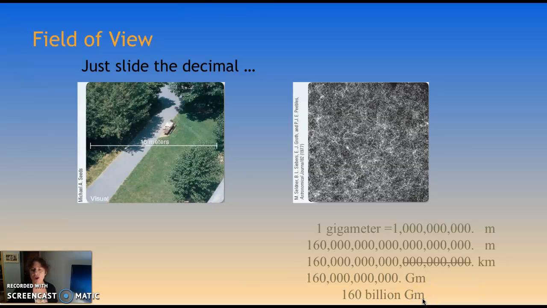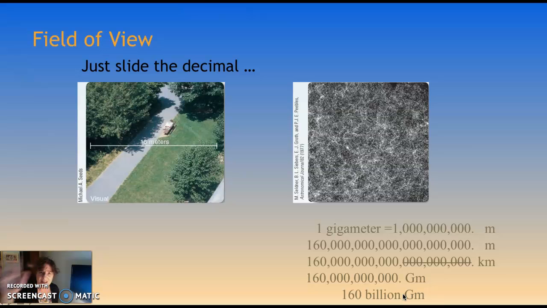But you know what? You know about gigameters, and you know about gigabytes, right? And a gigabyte is 1 billion bytes, so you can take off all of these zeros from your 160 quintillion meters. You can take off all of those zeros, and now you're down to 160 billion gigameters. Right?